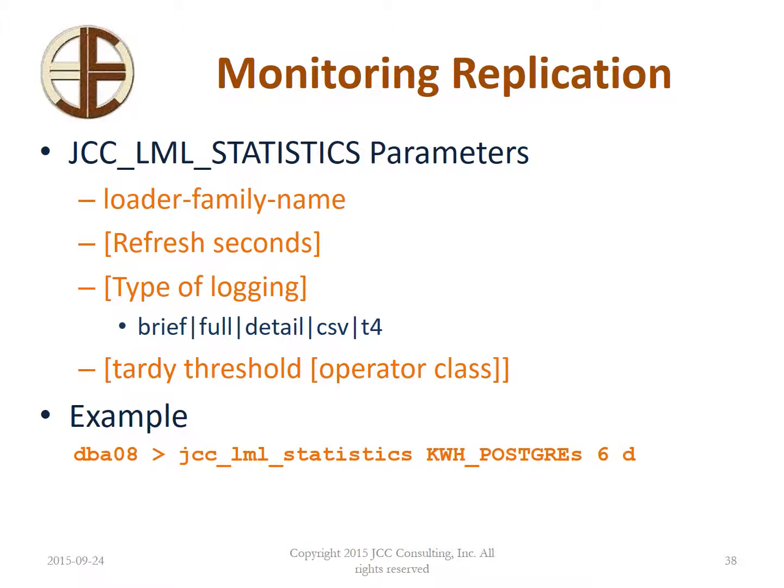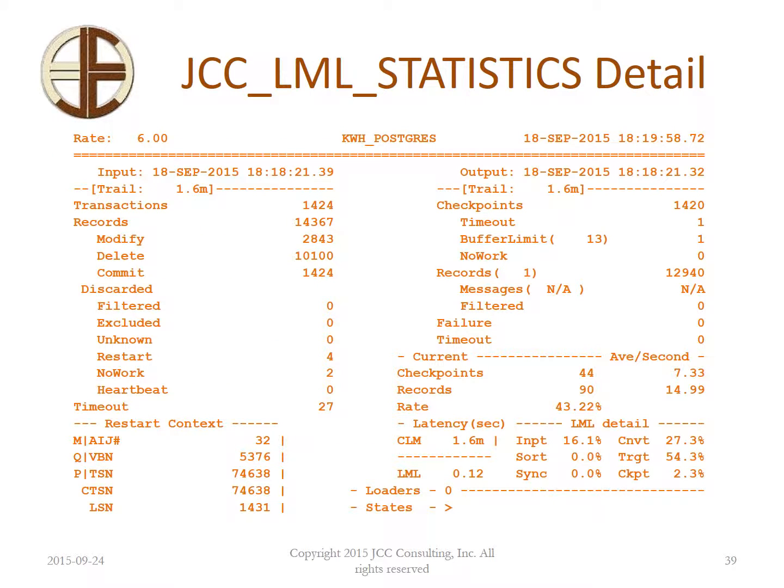In this example, I'm going to just use the loader name, KDBH underscore Postgres. I'm going to refresh at 6 seconds, and I'm going to use the detail statistics. So every 6 seconds, a screen that looks like this will paint on your output device. The left side describes the input data. The right side describes the output data.